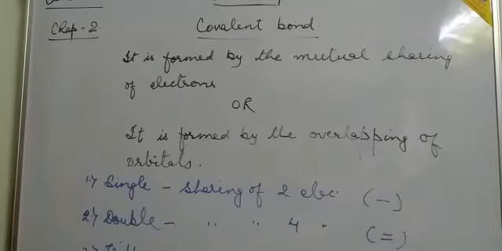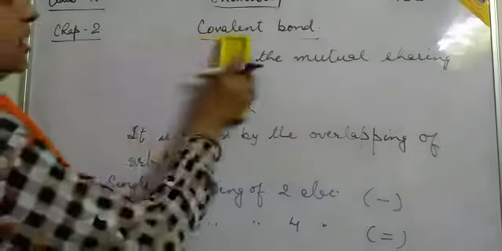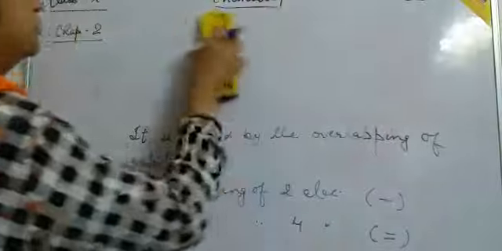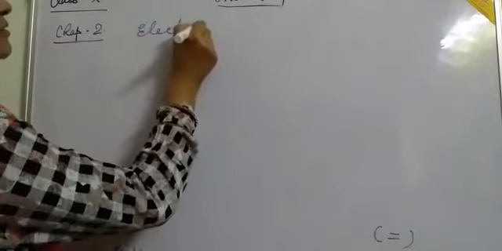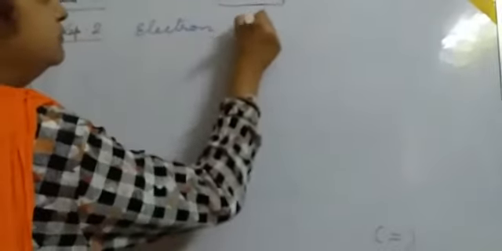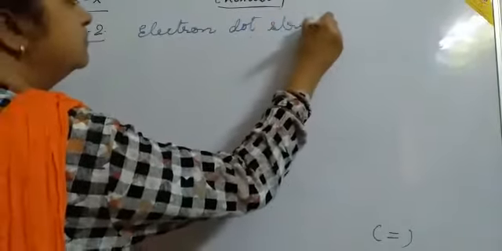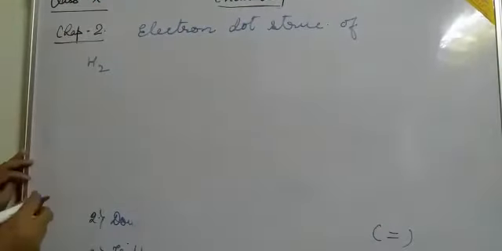How do you form the electron dot structure of the compound or the molecule which is formed by the single, double or triple bond? Let's start with hydrogen. Electron dot structure of number 1, hydrogen.